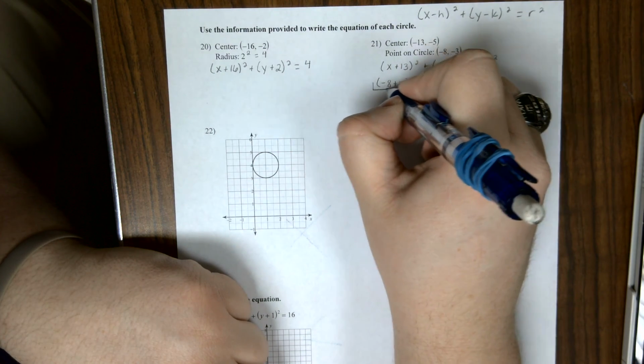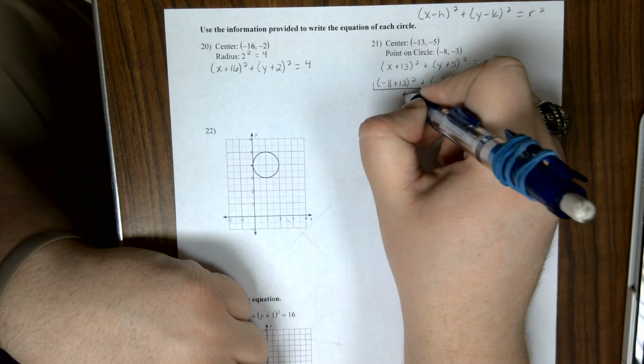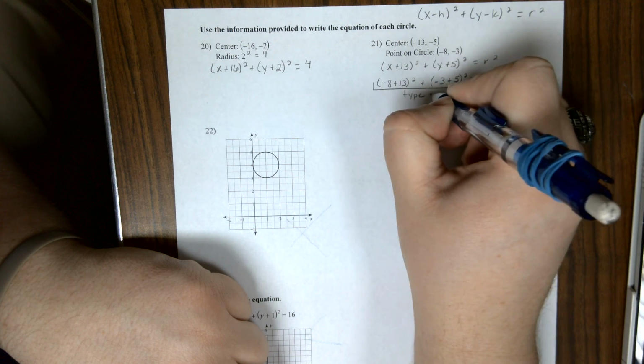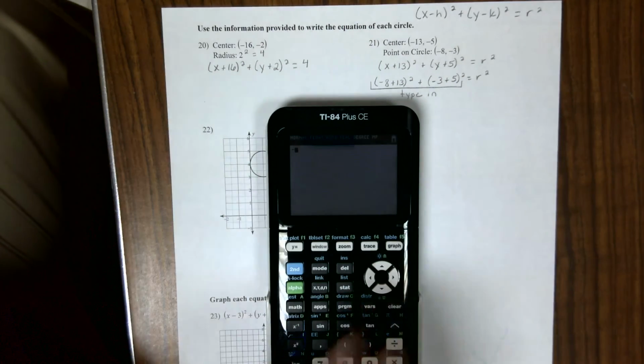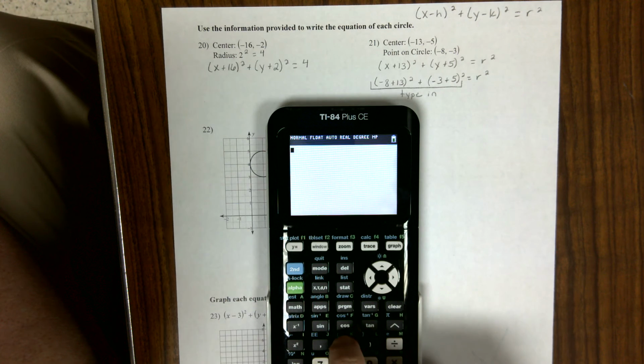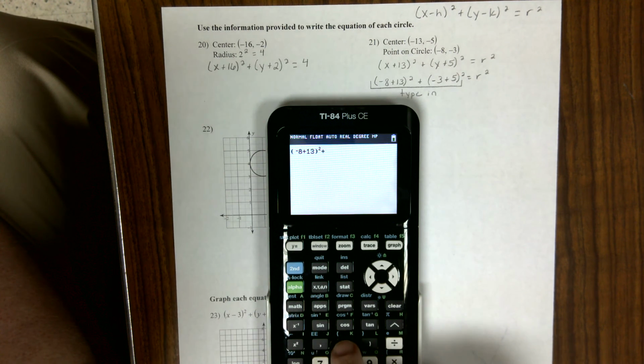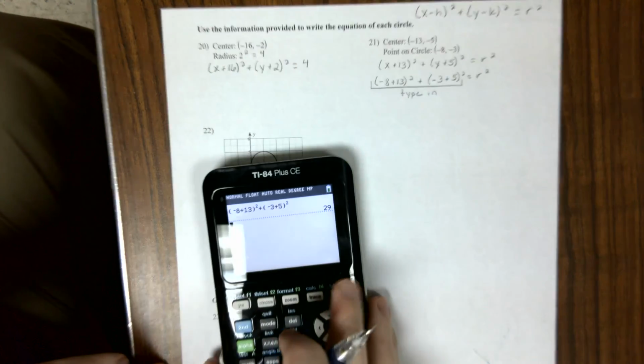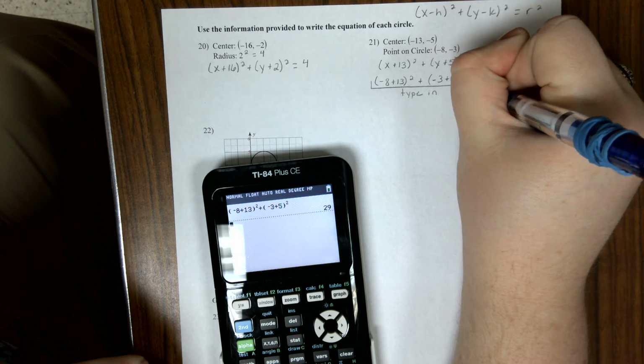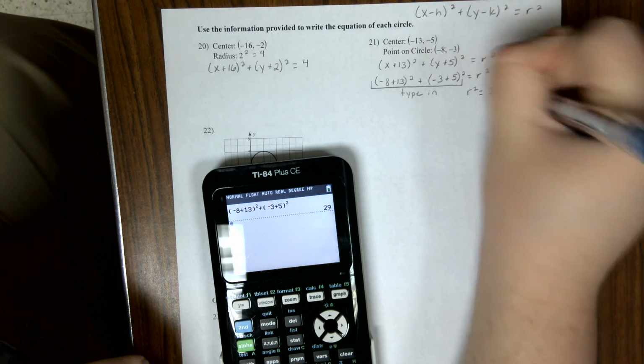And then all this, we're going to type in. -8 plus 13 all squared plus -3 plus 5 all squared, and we get 29. So r squared is 29.